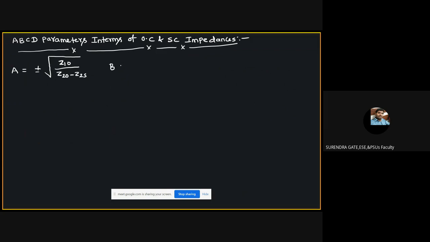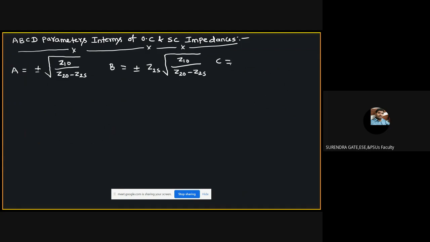B equal to plus or minus Z2S into square root of Z10 by Z20 minus Z2S.